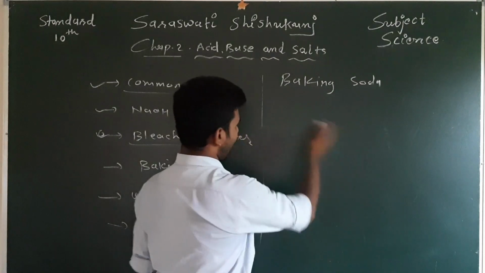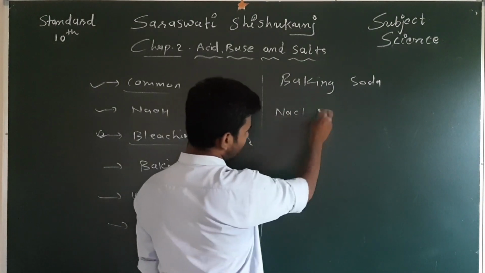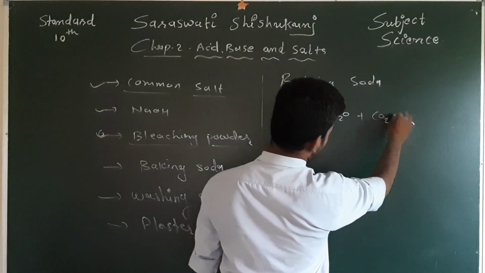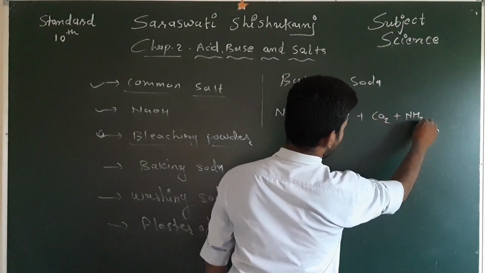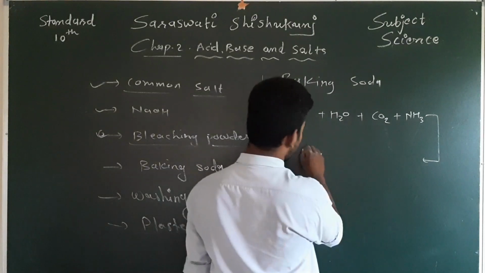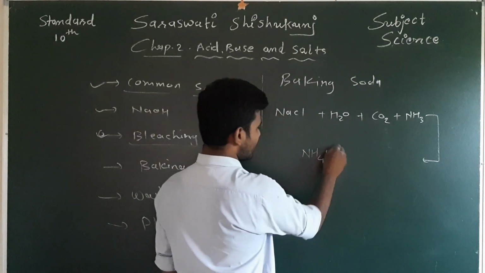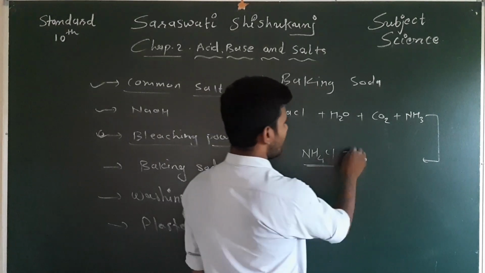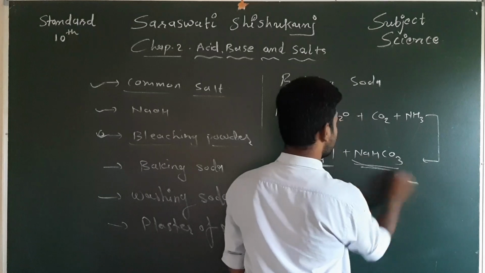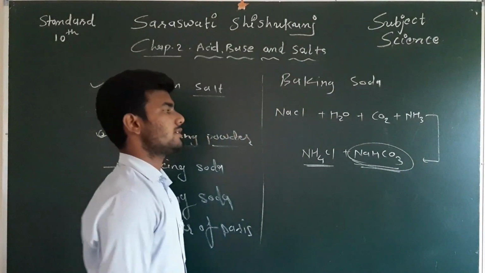How is baking soda prepared? So NaCl plus H2O plus carbon dioxide and ammonia gas. Right? So when it reacts, it will give us NH4Cl, this is our ammonium chloride, plus NaHCO3. This is our baking soda, right?